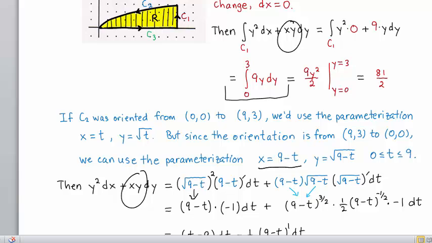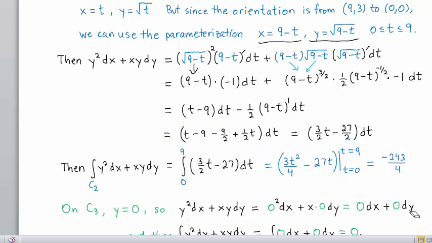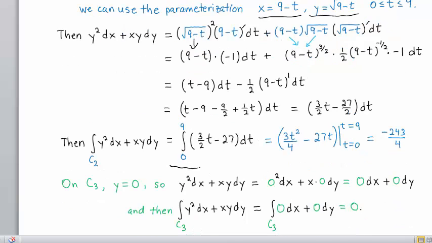X is 9 minus t all to the first power, y is 9 minus t all to the 1/2 power. We add the exponents 1 and 1/2, and we get 3/2, and then dy as we just explained. From here it's an easy algebraic simplification. We get this integral in t and this end result.